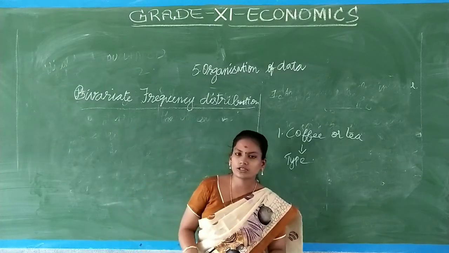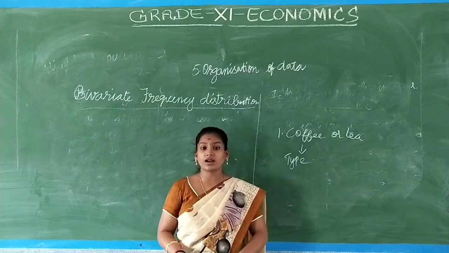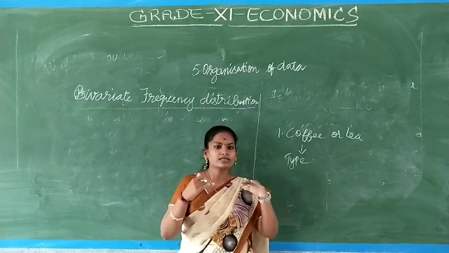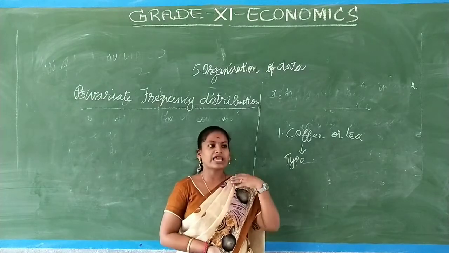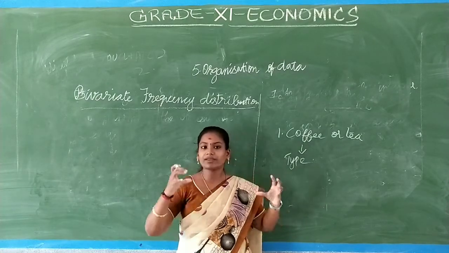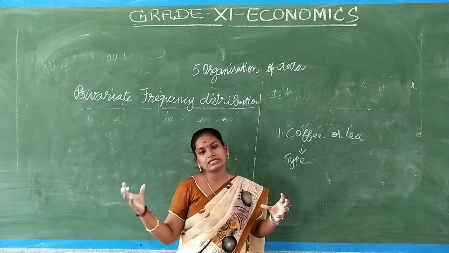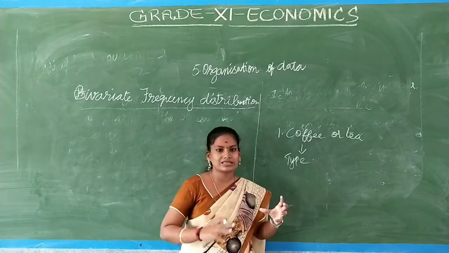Here what is the relationship between sales and advertising expenditure? Because if the advertising expenditure is spent more and the sales has increased, then they'll conclude that advertising has some impact on the sales.